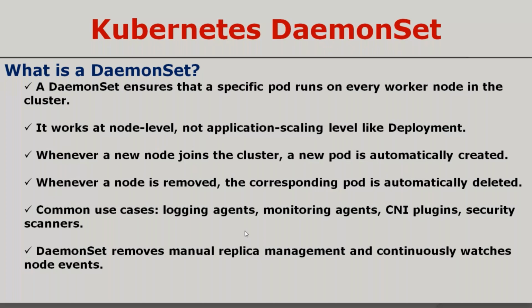It is mainly used for monitoring, logging, networking, and security agents. Since every server is part of the cluster, a DaemonSet ensures every server always runs the required background services. This is where the DaemonSet removes the manual replica pain points, regardless of cluster size.